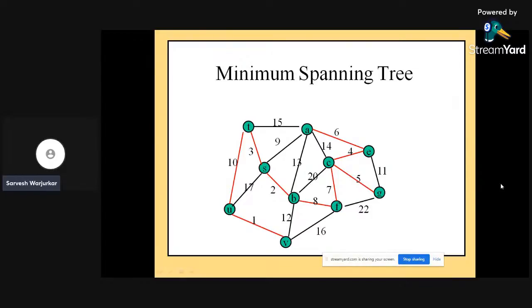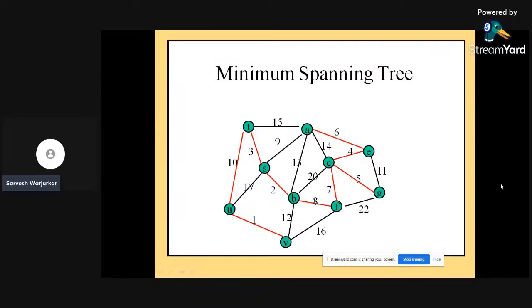So that's why I have chosen A to E, which has weight 6. From E there are three different paths, E to A, E to C, and E to G. We have chosen E to C because it is minimum. To reach the nodes G and F, we choose the minimum one, and at last F to B, 8.